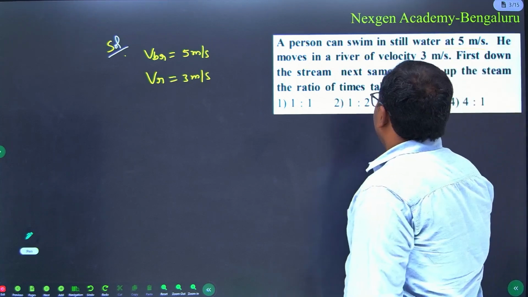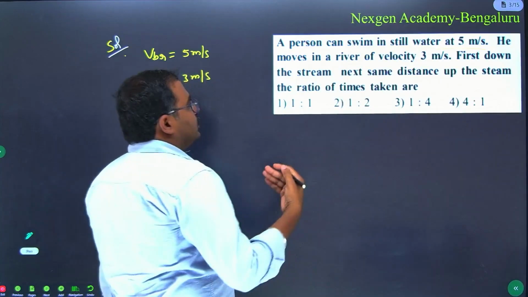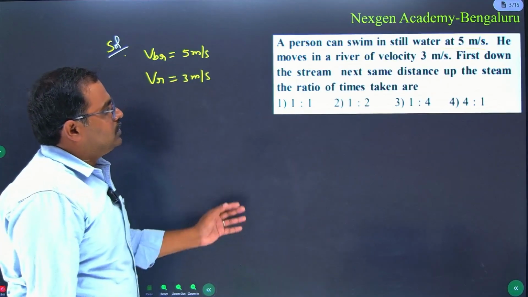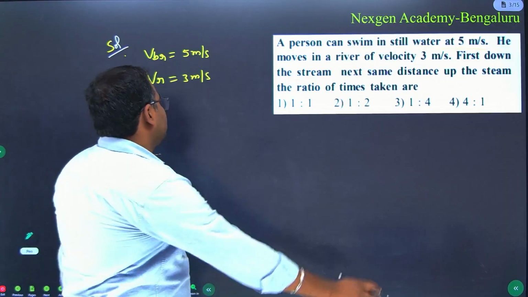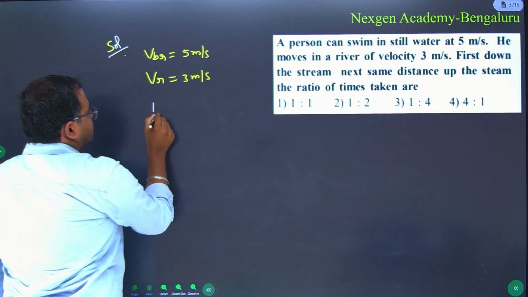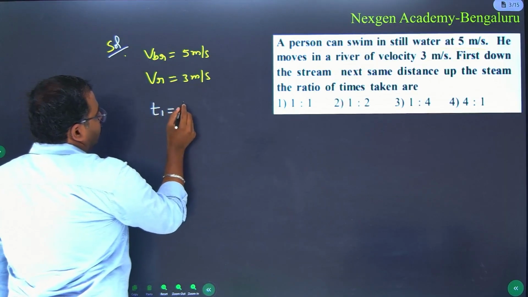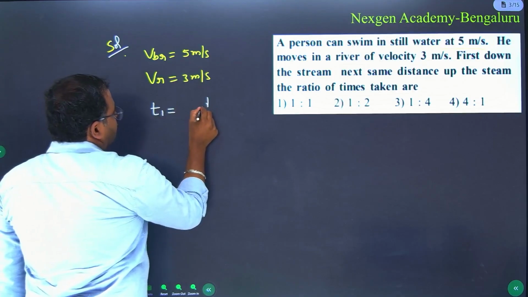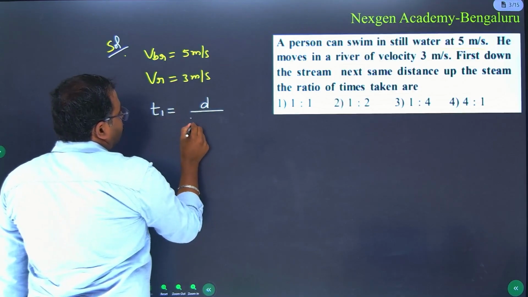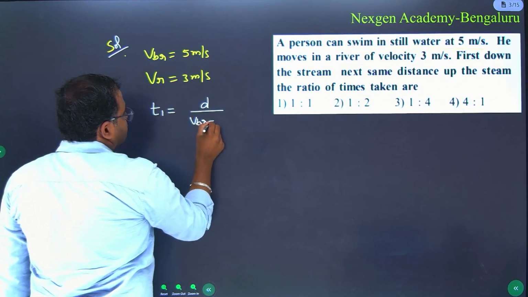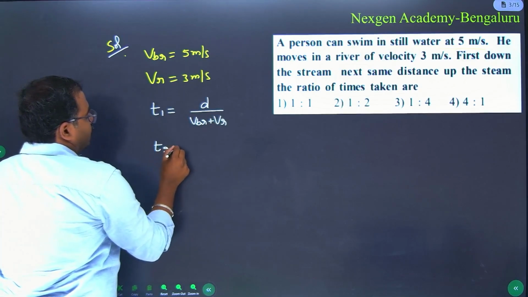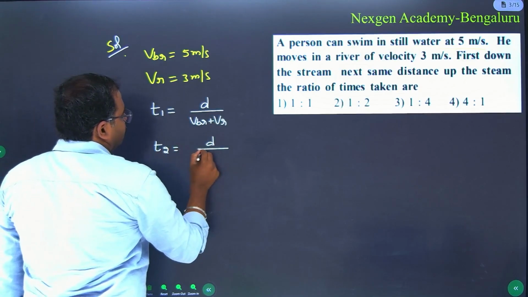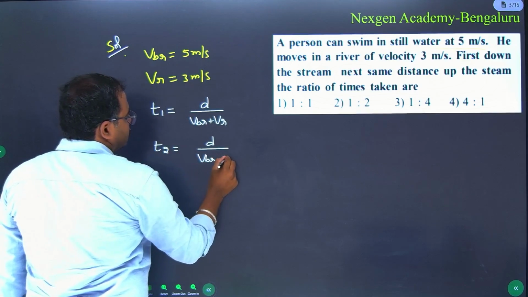It is given. Now what do we have to find? First downstream and next the same distance upstream, we have to find the ratio of times taken. Downstream, the time taken is D by VBR plus VR. Time taken for upstream is D by VBR minus VR.